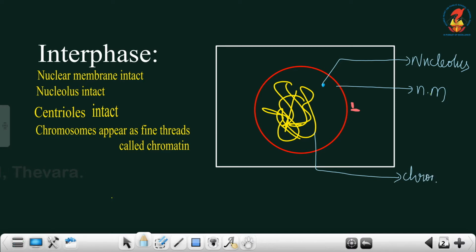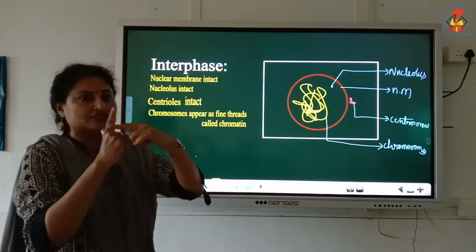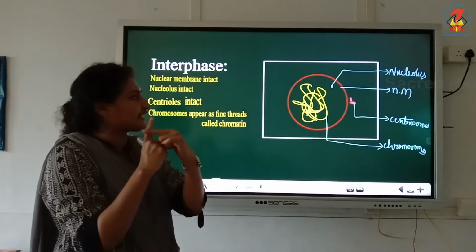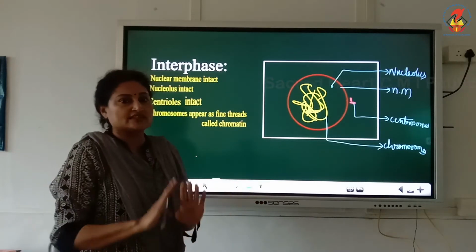Chromosomes and the centrosomes. You all are well aware of the structure of the centrosomes. It consists of two cylindrical structures called centrioles, which are placed at right angles to each other. Okay, so we have to just ignore the other organelles.